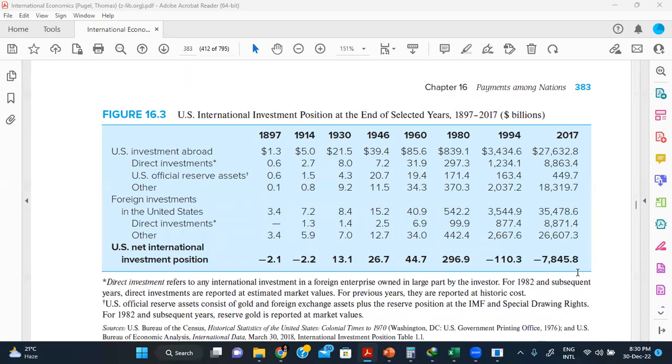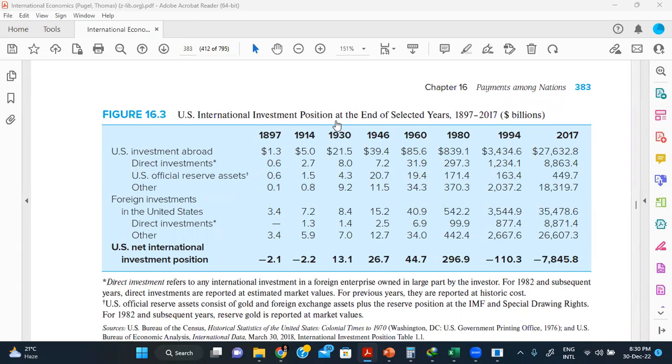But what did you expect for the US? Before looking at these figures, did you expect that the US is in a net creditor position always? People believed in class that the US is a country which has a surplus current account balance.